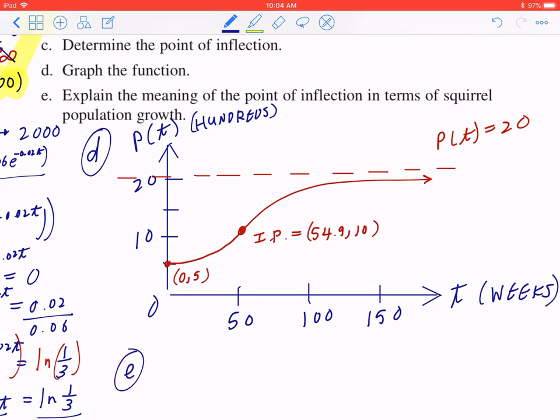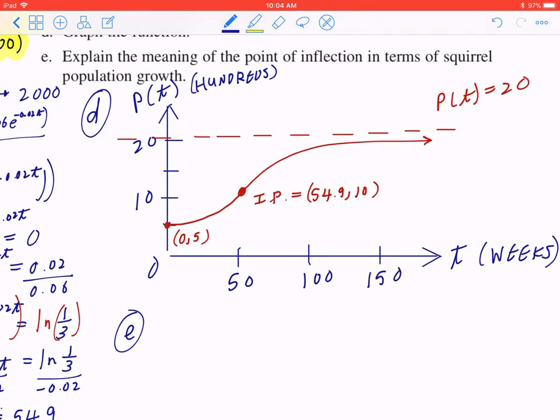In part E, they're asking you to explain the meaning of the point of inflection in terms of squirrel population growth. This has to do with concavity. Since it's a word problem, we can talk about the meaning. Let's extract that from the math. What happens is, if you look at the first 54.9 weeks, the population is increasing.